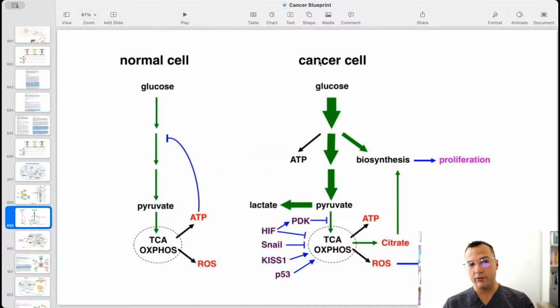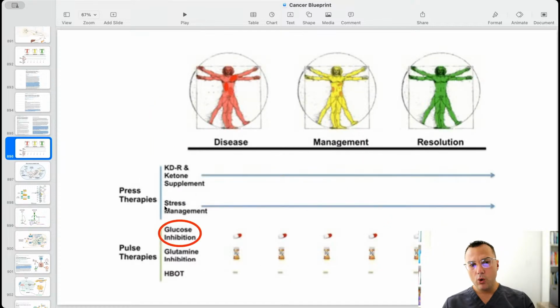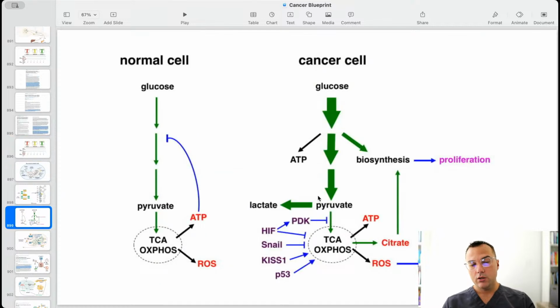If we can lower the amount of glucose coming in because there's not available glucose, that would be one way to do it. But what we're talking about over the next several weeks, and maybe months, is ways to inhibit glucose utilization and uptake so that we can ultimately shut this whole process down.